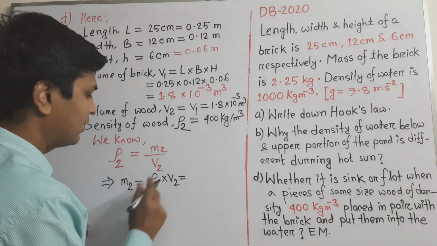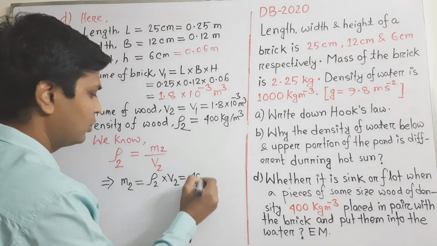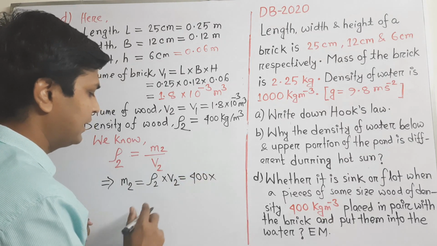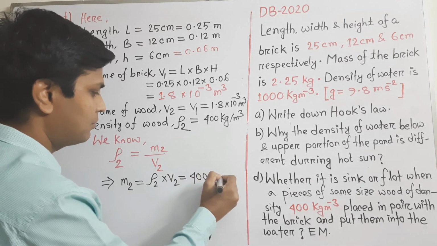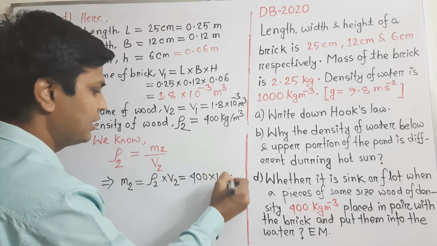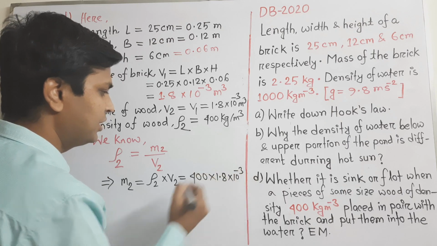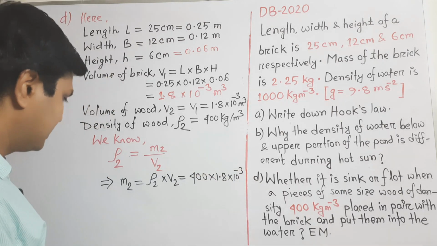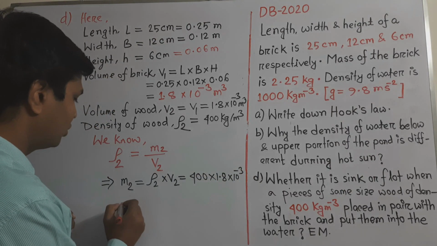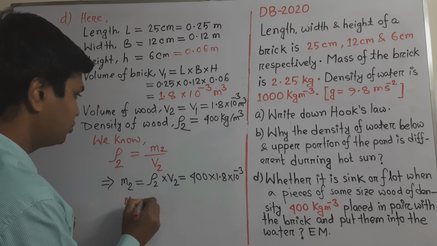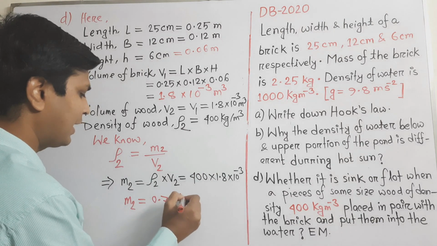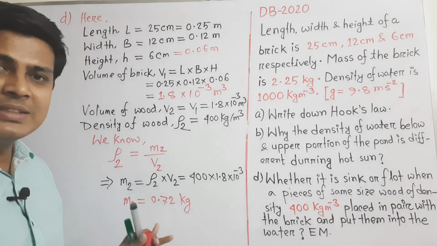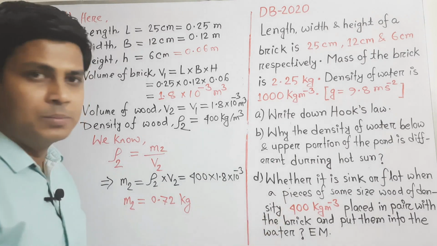Now if you put the value of rho, which is 400, and V2 is 1.8 into 10 to the power minus 3, then we will get the mass of the wood, M2, will be 0.72 kg. This is the mass of the wood.